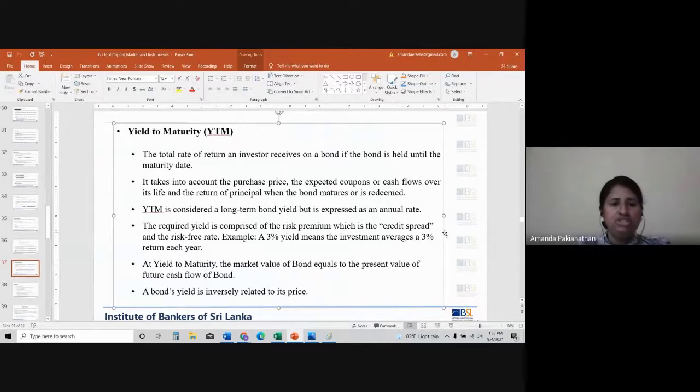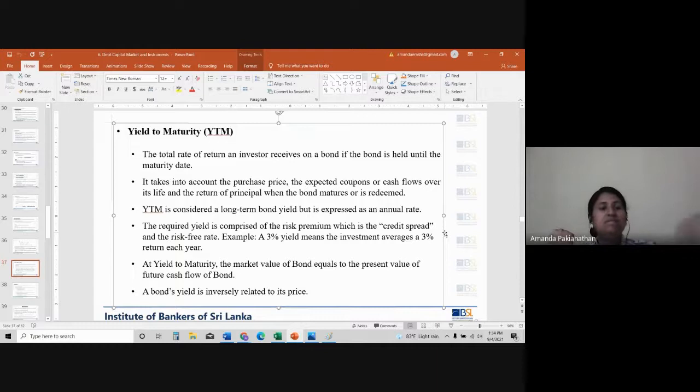So what an investor can do to improve the return is to buy the bond at its lowest price. Why? If I have to pay 1,000 rupees to get a return of 50, and someone else can pay only 900 and get the same return, obviously the other person has a higher yield to maturity percentage than myself.